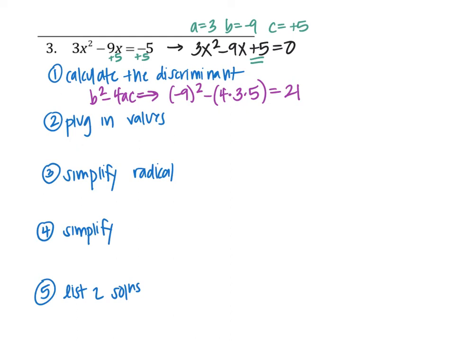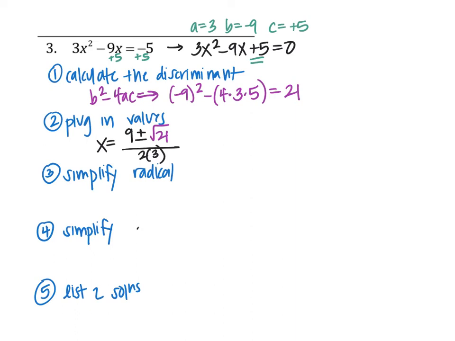So I'm going to plug in my values. X equals the opposite of B. Remember, B is negative 9, so the opposite is positive 9. Plus or minus the square root of 21 all over 2A. So simplify the radical. Can I simplify the square root of 21? No, right? There are no perfect squares that go into it.